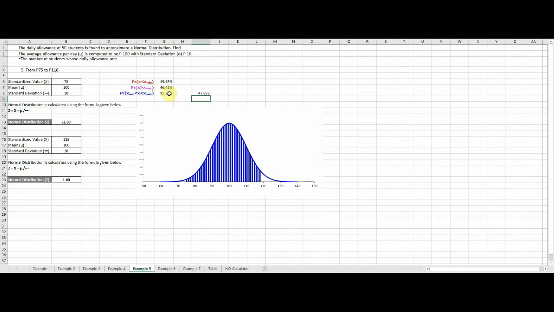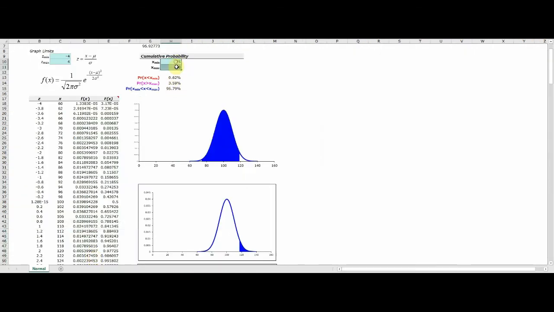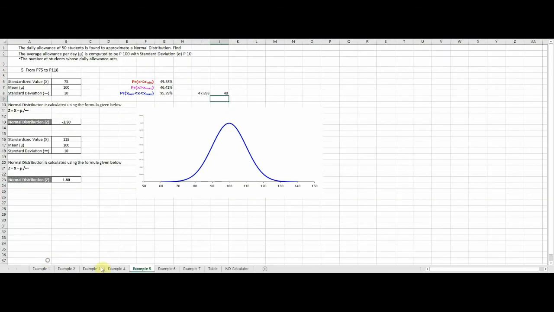So therefore, we'll have 47, or we can say 48 students. Okay? Now, let's solve for number 6.